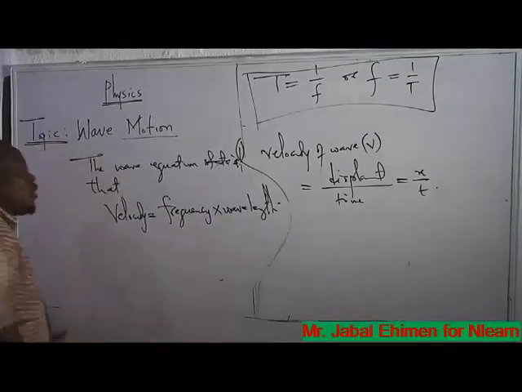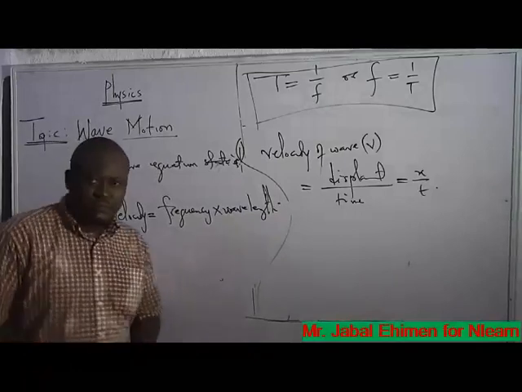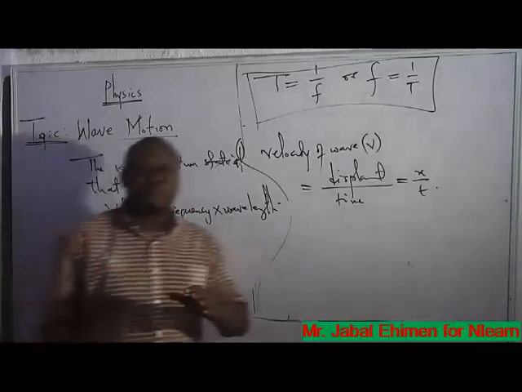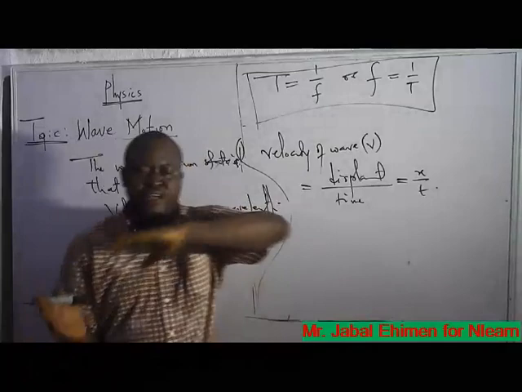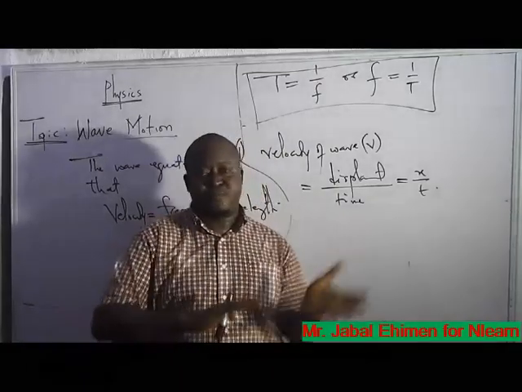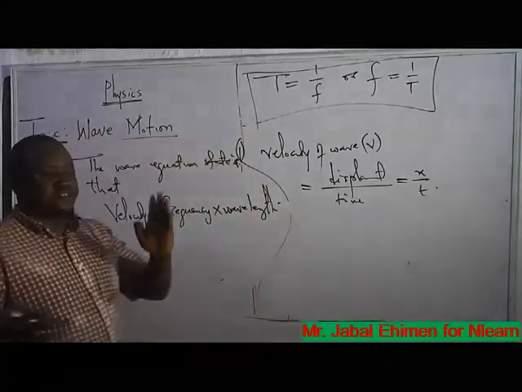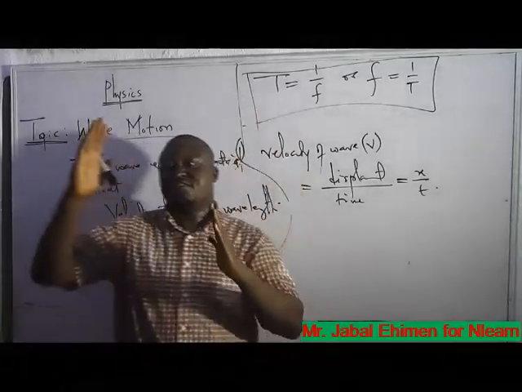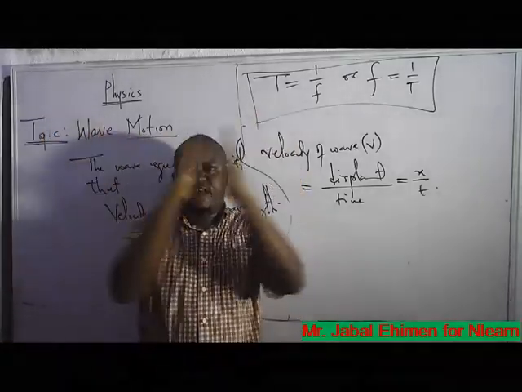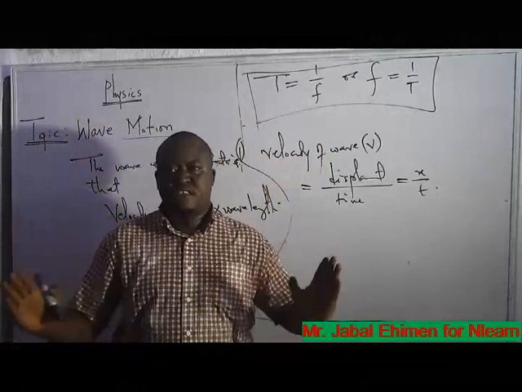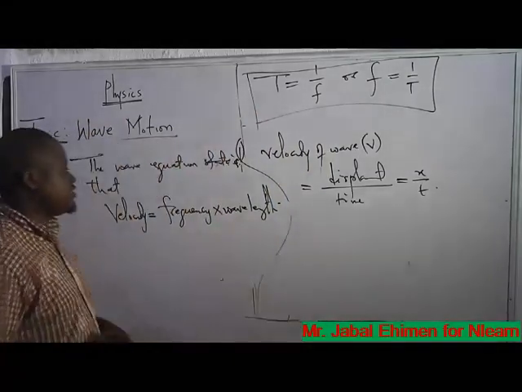Now, wavelength is the distance between successive crests or successive troughs, which we have explained before. So two troughs together is a wavelength, which is how I discussed that initially.